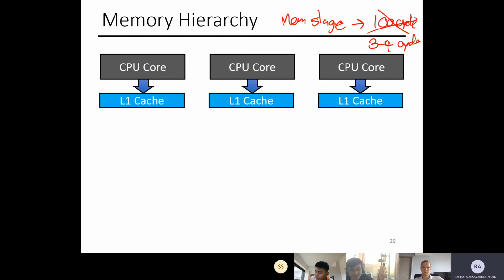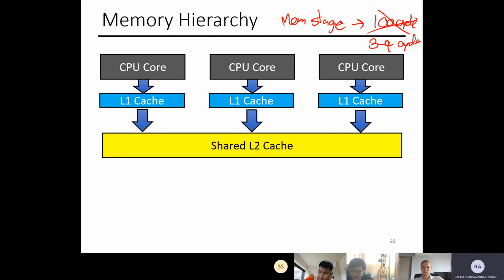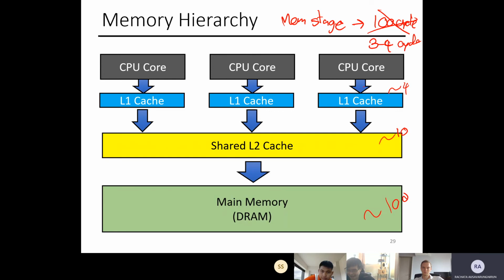This actually matters when you write your own program. You want to make sure your program stays in the L1 or the L2 as much as possible. So this is maybe 4 cycles, this is around 10 cycles, and this is around 100 cycles. You can see how much additional time you would need to access the next level of the memory. And when you program, this is visible to the programmer.